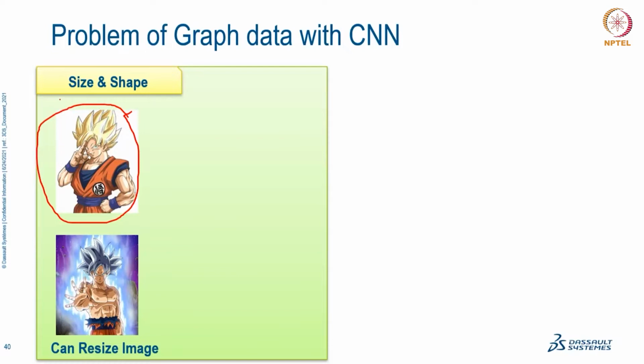For example, consider this as a 32 by 32 image, then the other samples should also be 32 by 32. Even if they are not, the images can easily be resized. For example, if the lower image was 48 by 48, it can be downsampled to 32 by 32 without losing many features. So in general, the size of the input data is the same for the image problem.